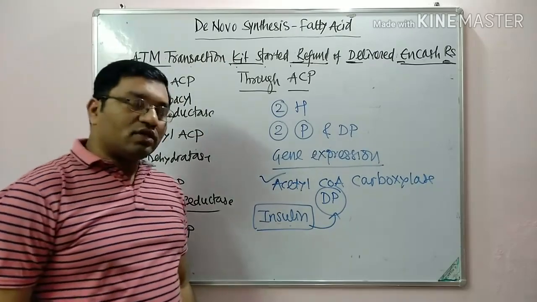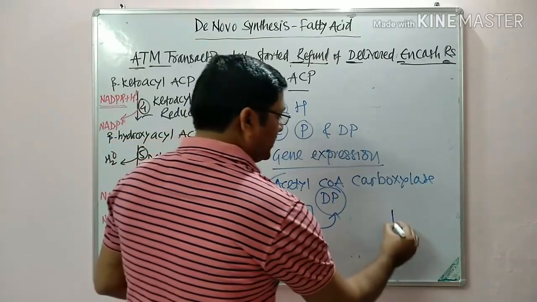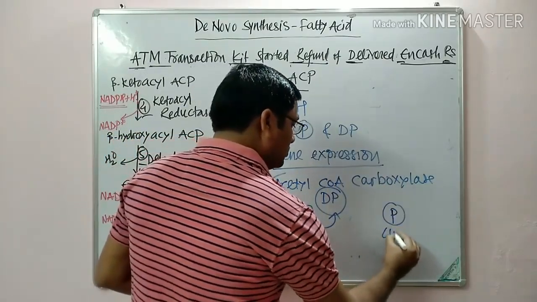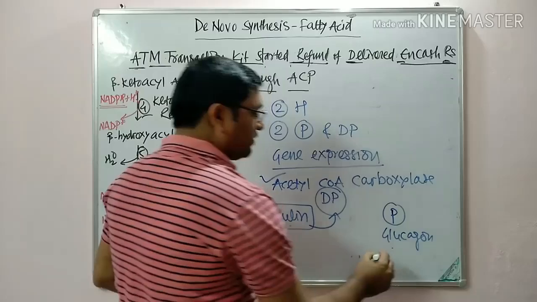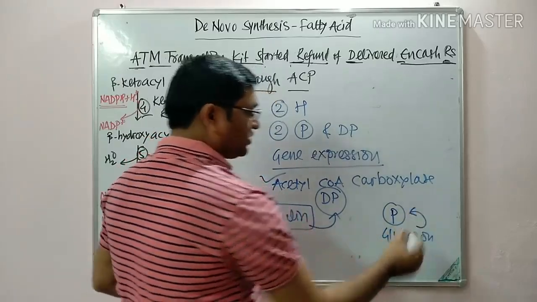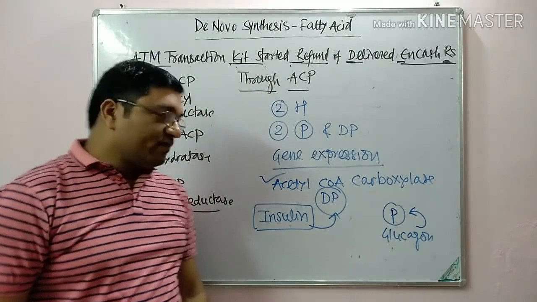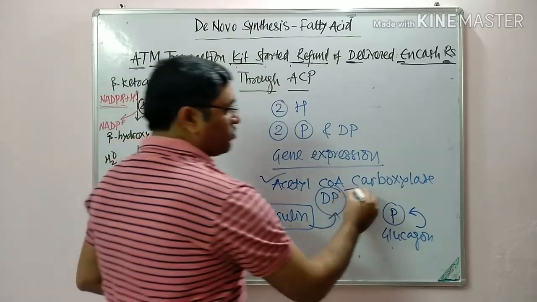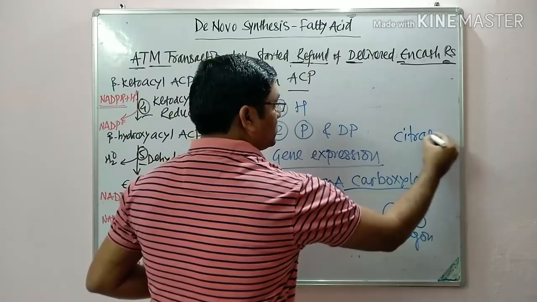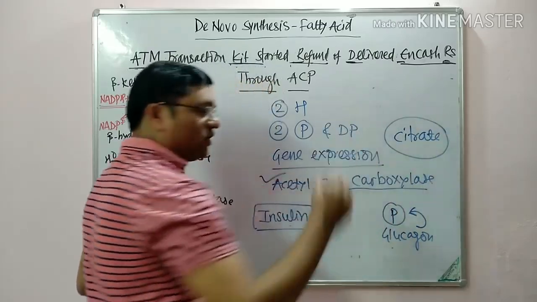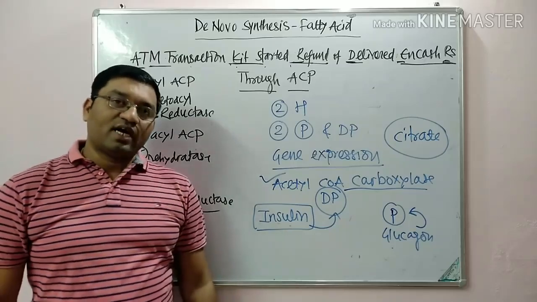While glucagon and glucocorticoids favor the phosphorylated state formation and inactivate this enzyme. Again, there is allosteric activation. This acetyl-CoA carboxylase is allosterically activated by citrate. So citrate is an important allosteric activator of this acetyl coenzyme A carboxylase.